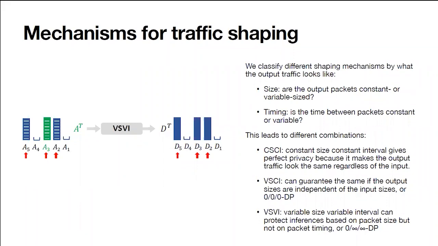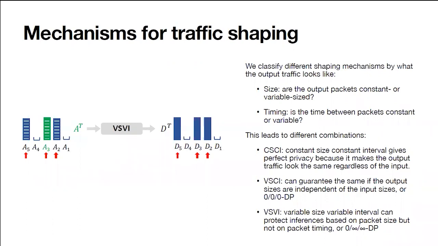As long as they're big enough, you'll be able to send whatever valid thing there is, and you can send dummy bits for the rest of it, and it'd be fine. And so we can basically ask if the size of the packets is going to be constant, or if the timing is going to be regular or variable. So you can look at these different classes of policies in this way.